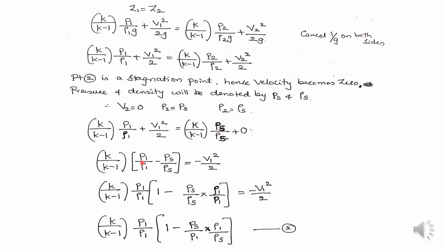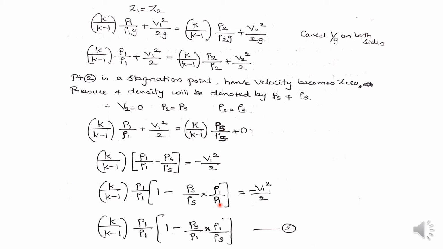Now here I will take P1 divided by rho 1 common. I want to alter the equation. K divided by K minus 1, this I have written as it is. P1 divided by rho 1 term I have taken common. So if I take it common, this will be 1 as it is, minus PS divided by rho s into rho 1 divided by P1.